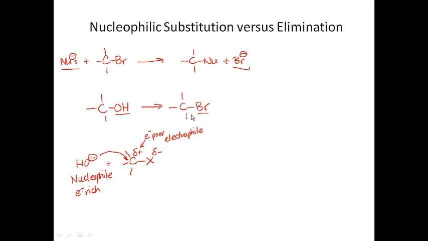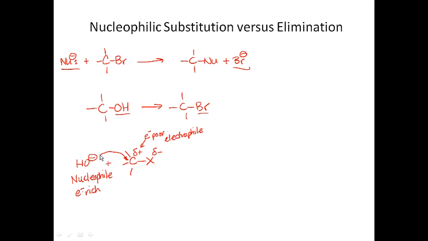So what happens is that the hydroxide comes in and attacks this carbon, or donates its pair of electrons to form a carbon-oxygen bond. But it can't do that unless one of these other carbon bonds breaks, because we can't have 5 bonds to a carbon.